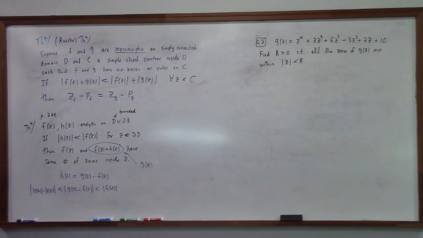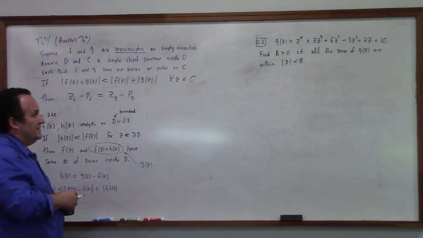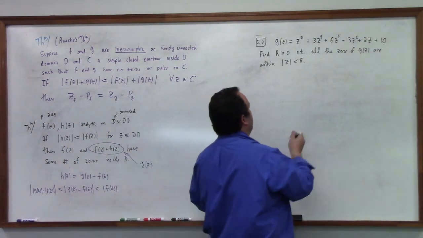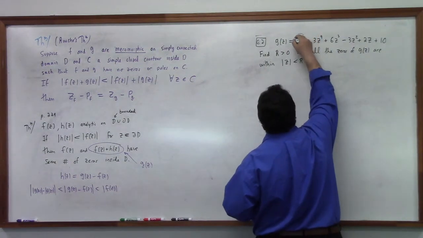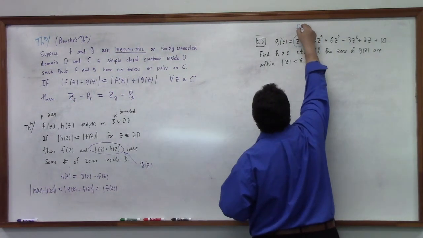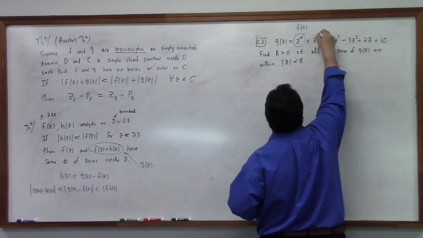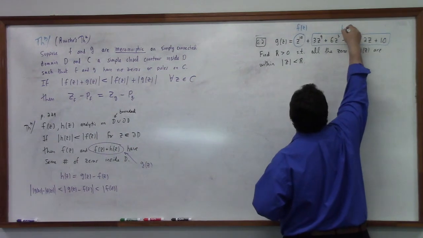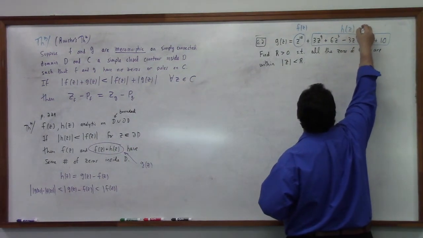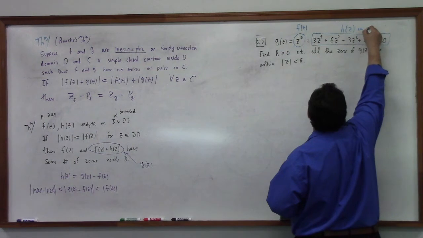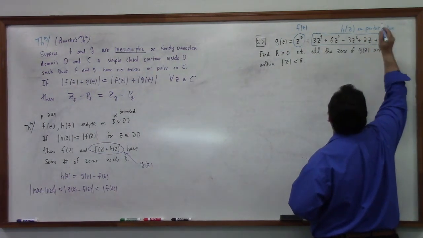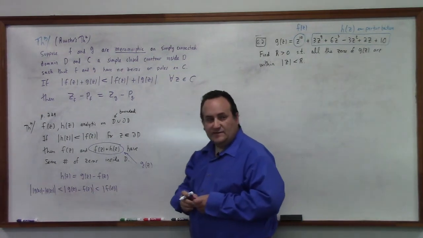So I recommend we think about Gamelin's version, all right? So what we want, I'll think of this as being my f of z, and I'll think of this as being the perturbation, h of z. It's the perturbation of f of z. See, f of z is nice.